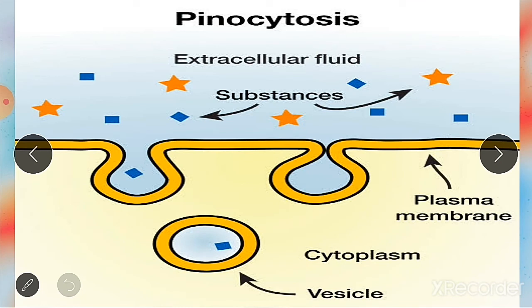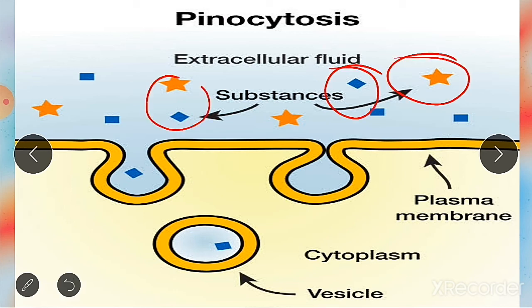Then next is pinocytosis. It is also known as cell drinking. It is common in plant and animal cells, and it is non-specific. Small vesicles are formed. Here you can see the extracellular fluid substances present in the fluid.